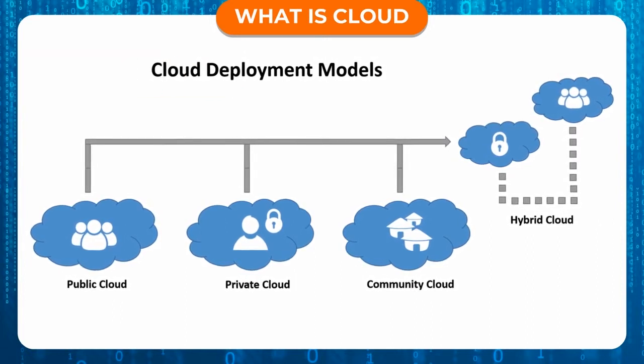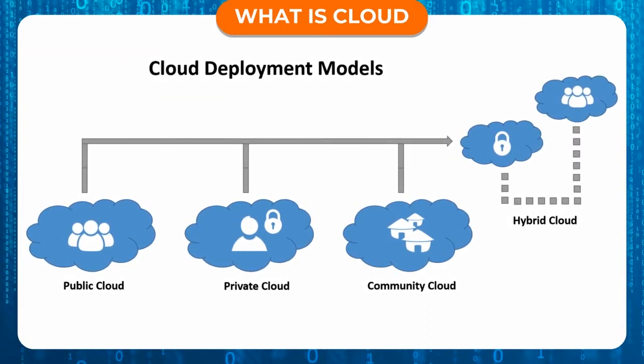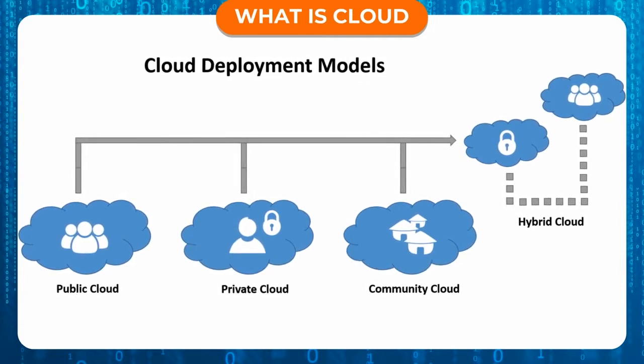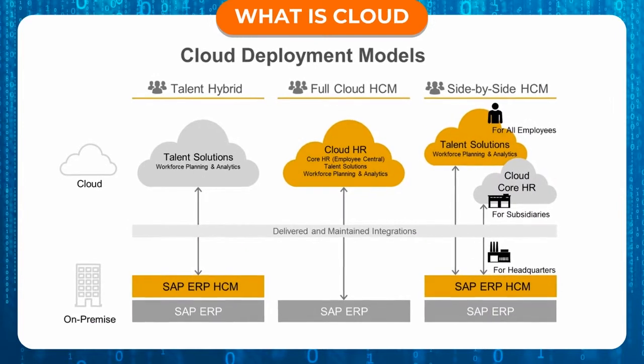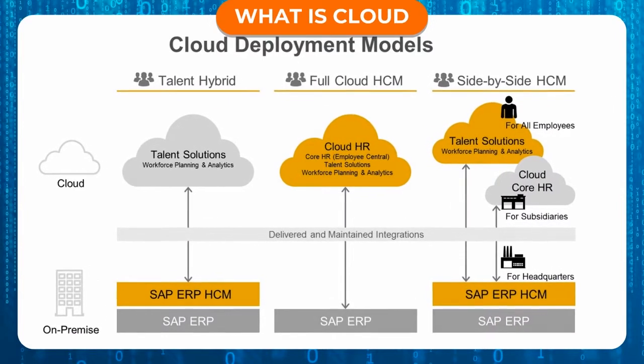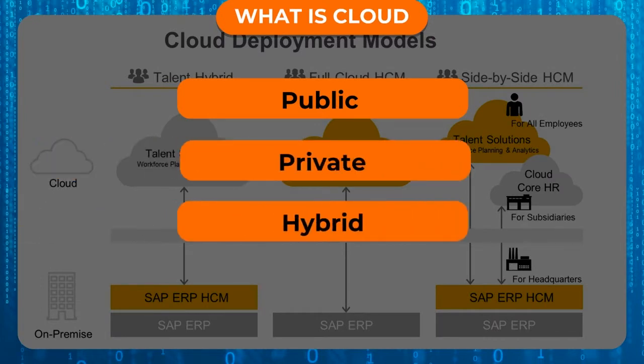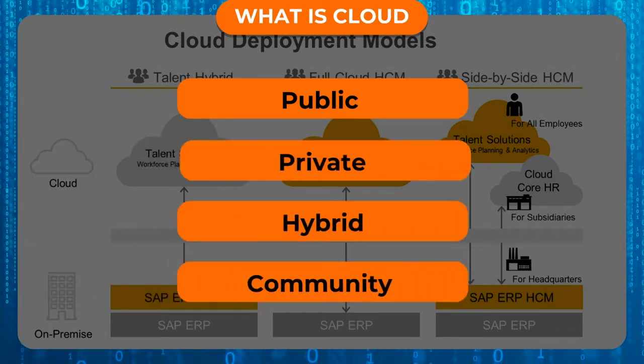Deployment models define the type of access to the cloud, that is, how the cloud is located. Cloud can have any of the 4 types of access: public, private, hybrid, and community.